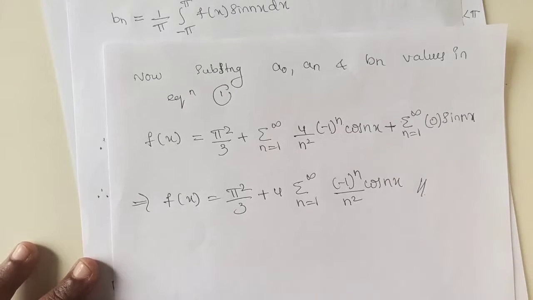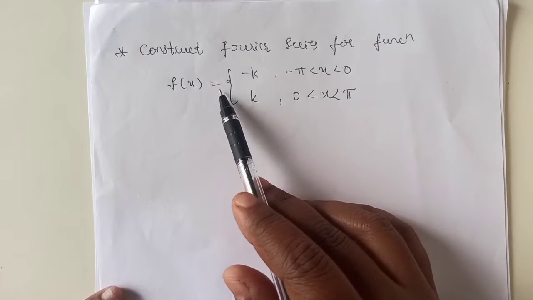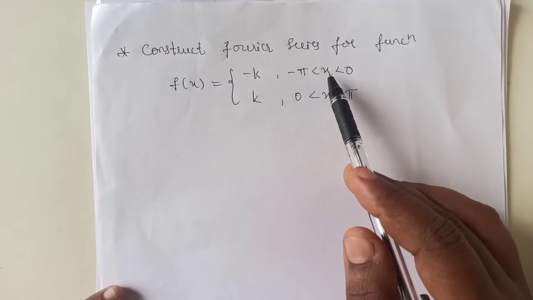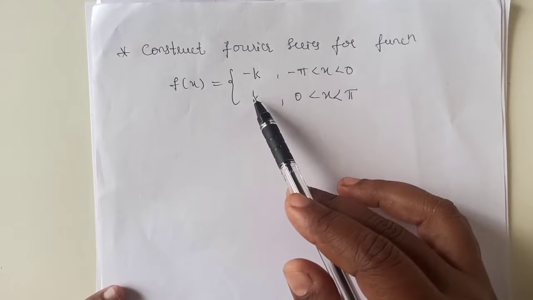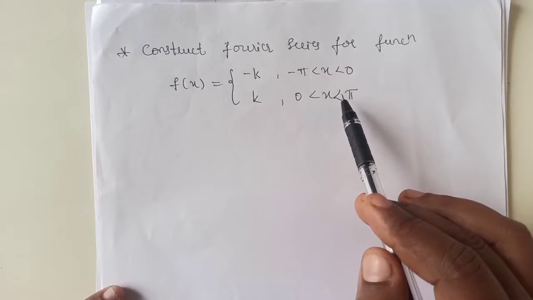Okay. Next problem, construct Fourier series for function f of x equals minus k when minus pi is less than x less than 0, and plus k when 0 is less than x less than pi.